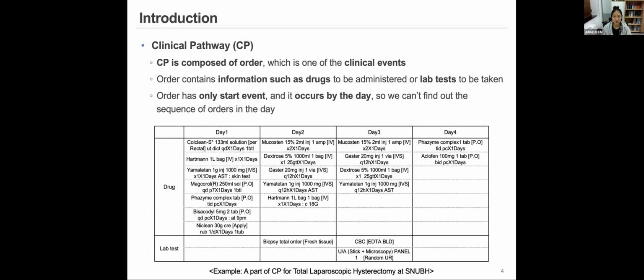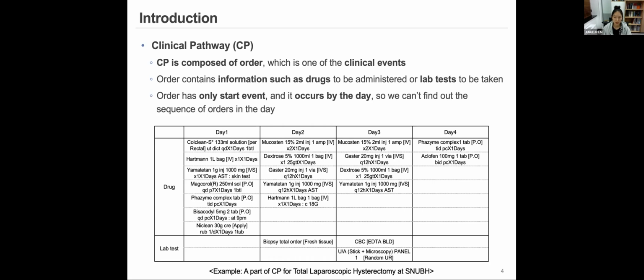CP consists of several orders. An order is one of the clinical events and contains information such as drugs, tests, and some activities that patients should do. The table shows an example of CP. Unlike a conventional process model such as Petri net or BPMN that shows the relationship between activities, the CP does not show the activities' causality.